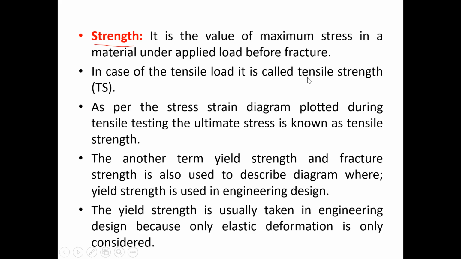In case of tensile load, it is called tensile strength, TS. As per the stress-strain diagram plotted during tensile testing, the ultimate stress is known as tensile strength. वो आपको मैं आगे भी समझा दूंगा. But in strength there is tensile strength, ultimate strength, and we also say yield strength. So there are some types of strength also, right?